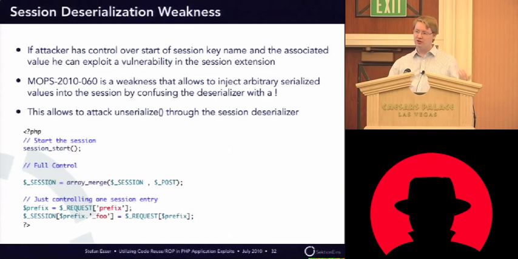So if you have an application that allows you to put arbitrary keys into a session, or to have an arbitrary prefix for session variables, which sometimes happens, you see some examples down there. When something like this exists in your application, then you can more or less inject exclamation mark keys with arbitrary values. And now when this gets deserialized during the session load, it will confuse the deserializer, and suddenly you can inject arbitrary serialized data into the session.